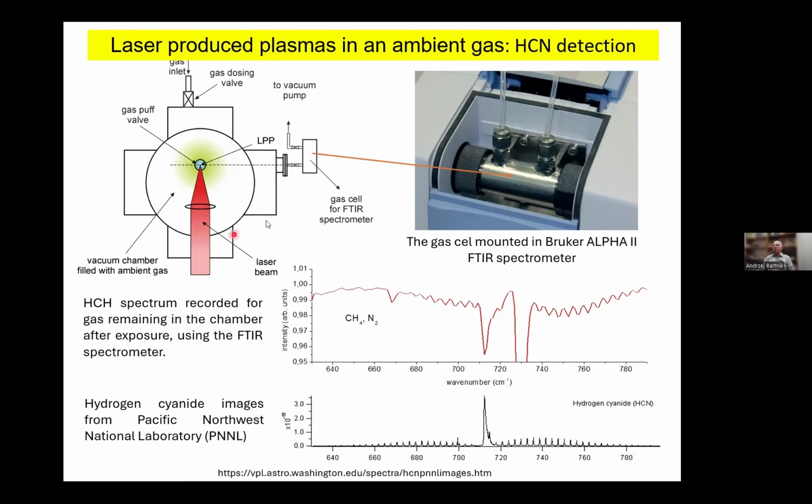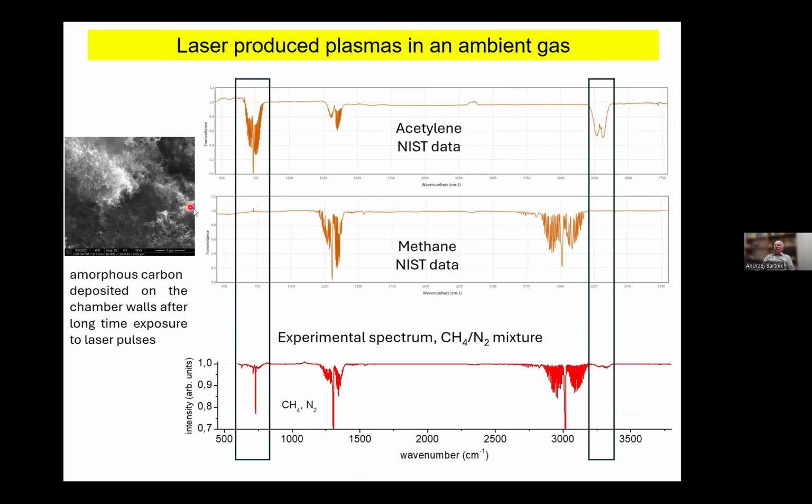And in this case, we can detect molecules which were formed and remain in the gaseous mixture after multiple shots. And here you can see that we detected the HCN molecules formed in a mixture of CO2, methane, and nitrogen.